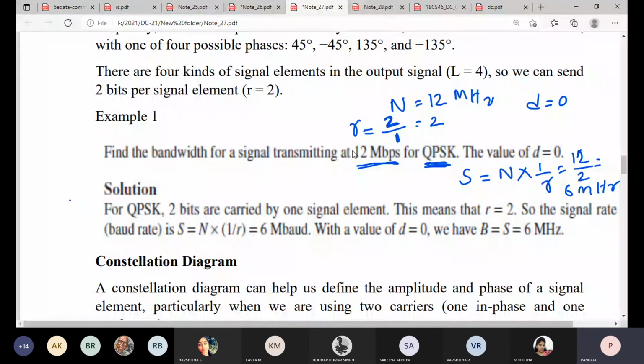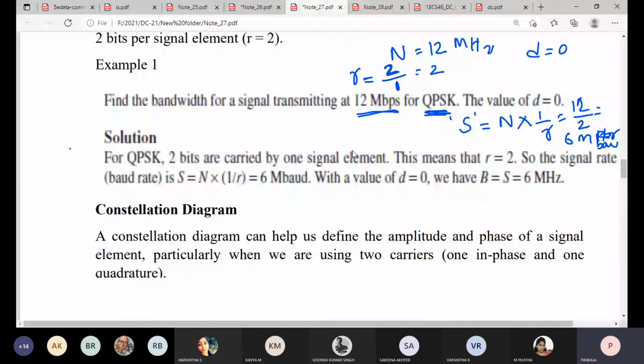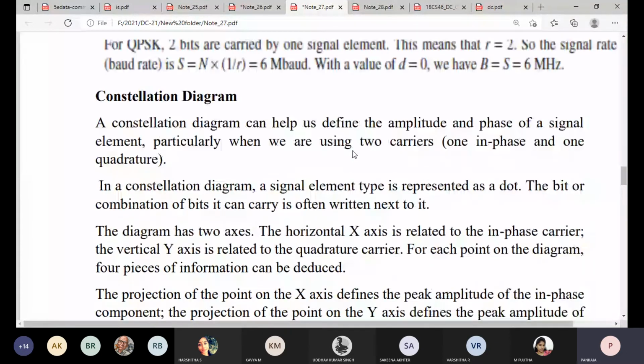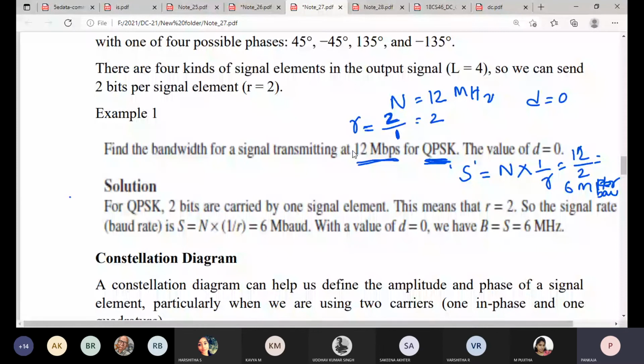Actually, don't use hertz here, because you are representing the signal rate. It should be in baud. Many times you will get confused when representing the value for signal rate. The unit used for signal rate is baud.